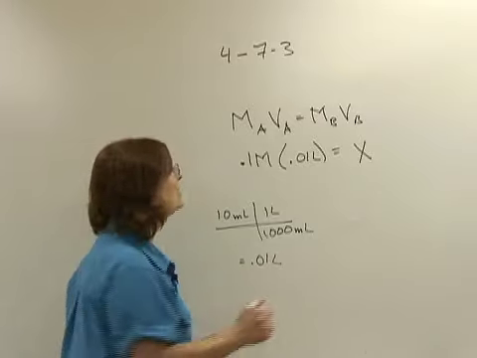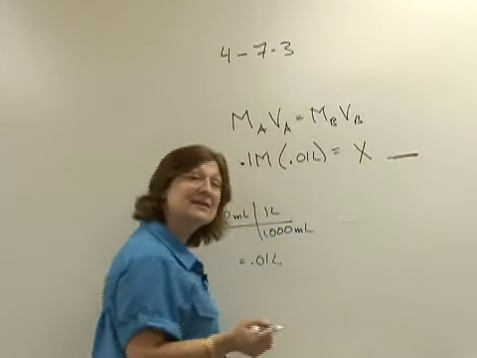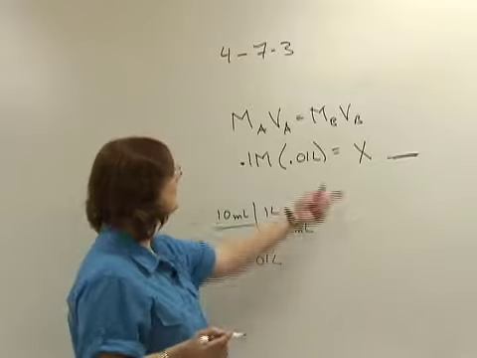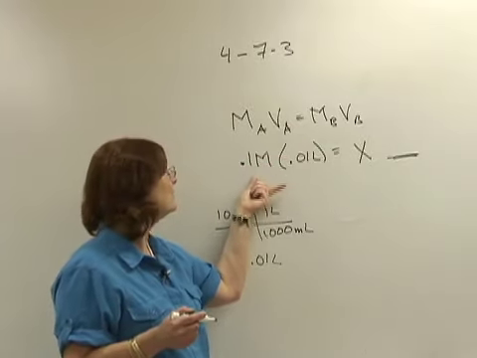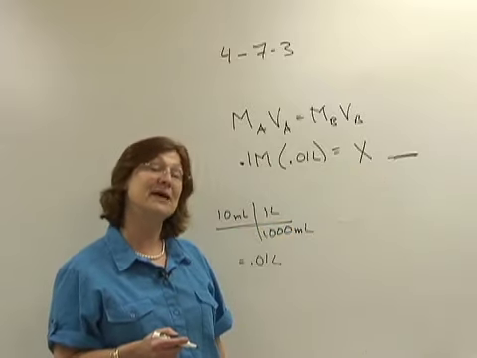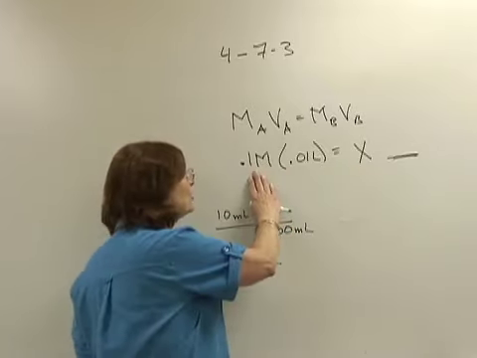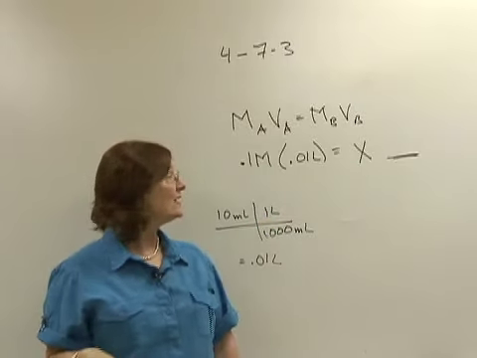We will get this color change. And when we figure out how many milliliters it takes to get that pink color, we will be able to determine the concentration of the base that we have. And we call that standardizing the base. We use a known value to determine the unknown value.